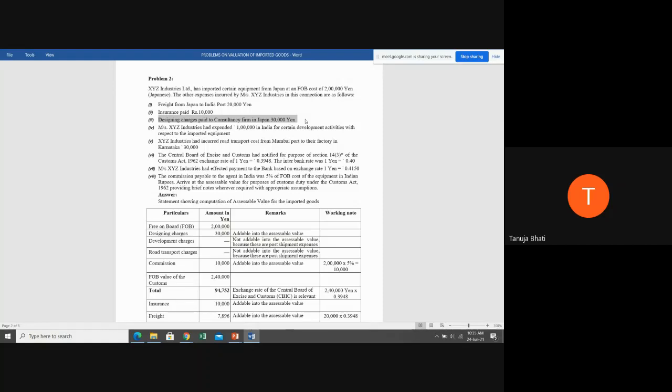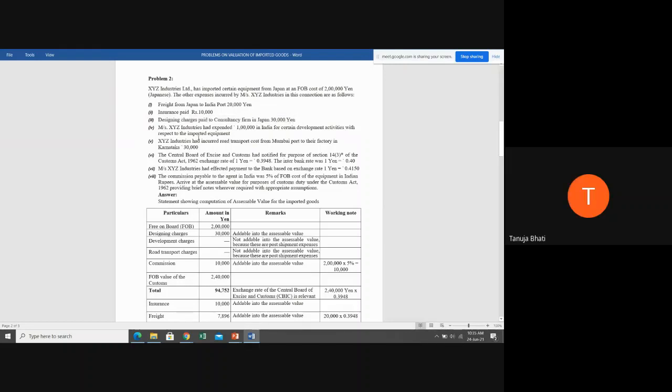In my yesterday's lecture, I told you all that under Rule 10, Sub Rule 1, we have seen 5 points that have to be added to the assessable value if they are incurred by the buyer. One among them was any payment made by the buyer which is directly or indirectly related to the imported goods. So, should this 30,000 yen be added or not? Yes, ma'am. So this 30,000 yen, we are going to add it.